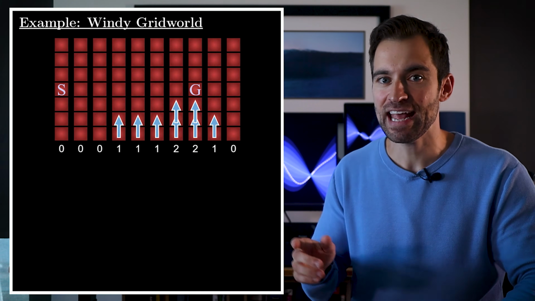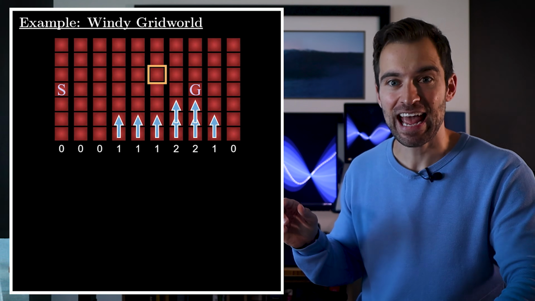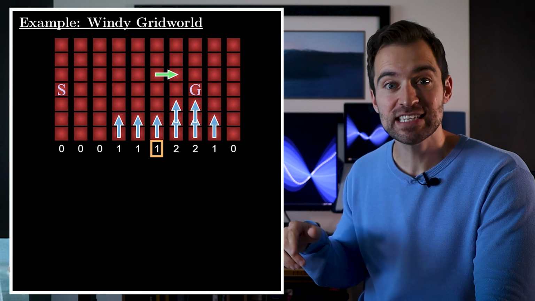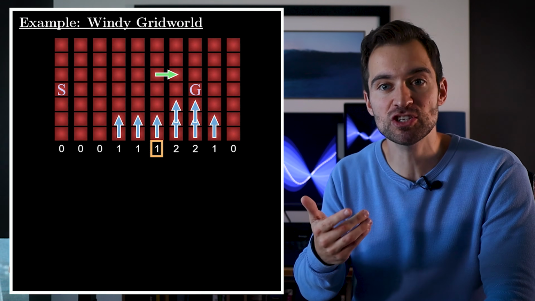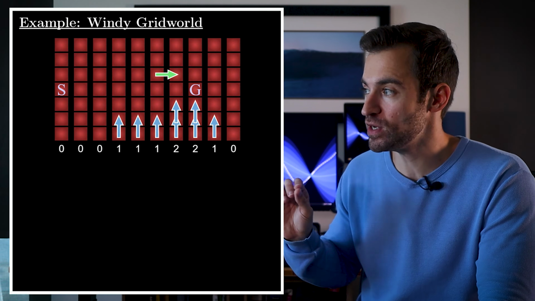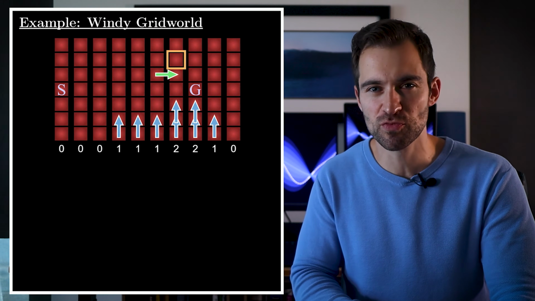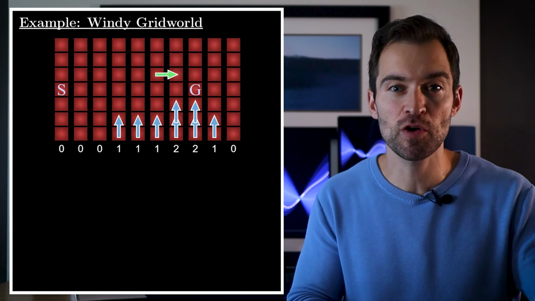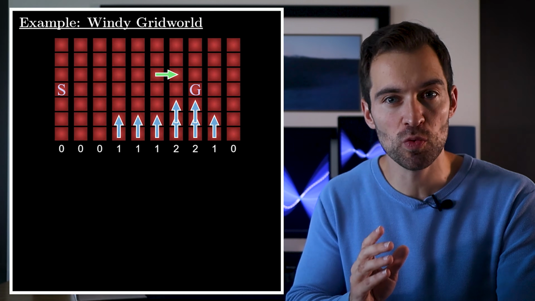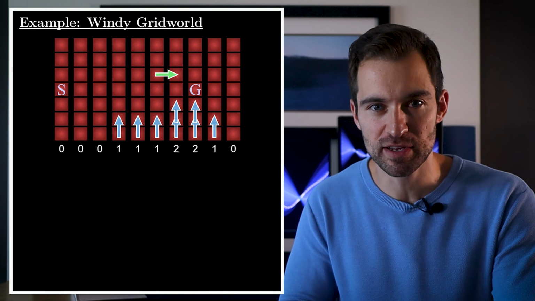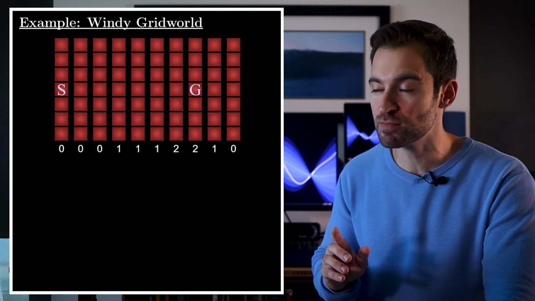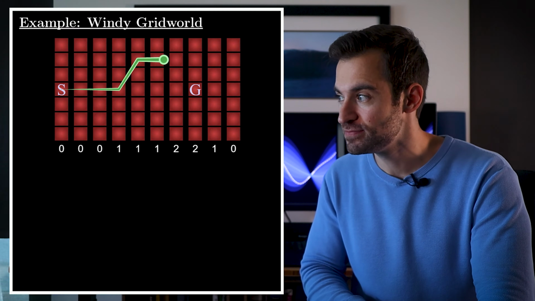For example, if this is the state and the action is to go right, then this number says the next state will be one position above the state pointed to, which is here. Let's also add some randomness. If the wind is non-zero, then we will shock its value by -1, 0, or 1, each with equal probability. That means if the agent selects go right repeatedly, that would look something like this.